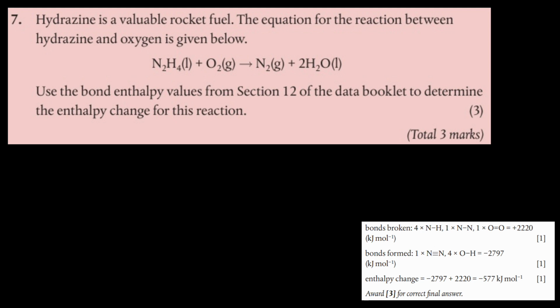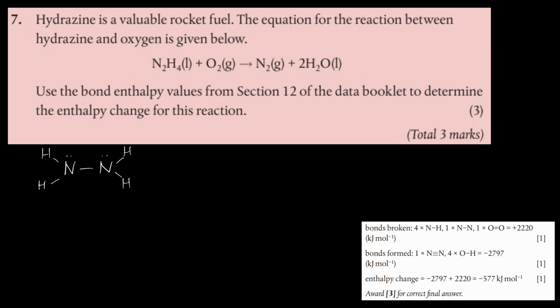So if we're looking at the hydrazine molecule that has 2 N's and 4 H's, that means we are only going to have a single bond between the 2 nitrogens, and then we have 4 nitrogen to hydrogen bonds.